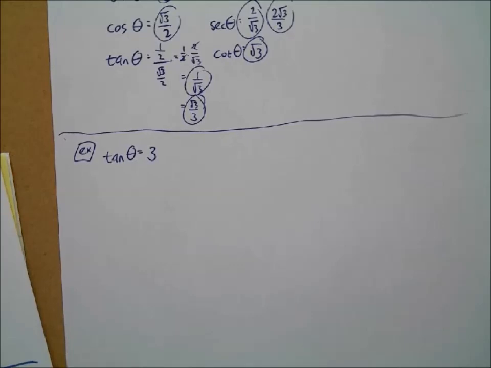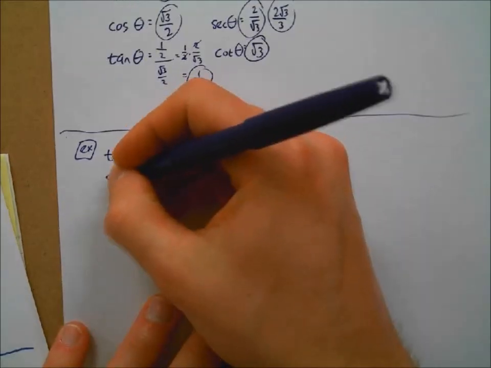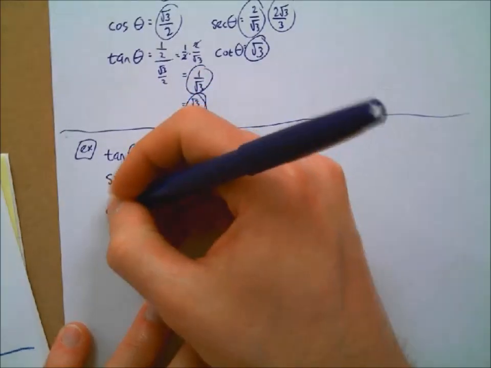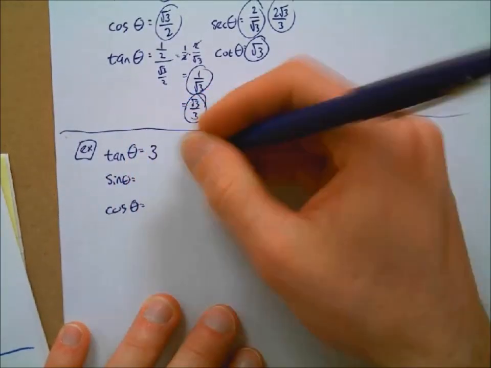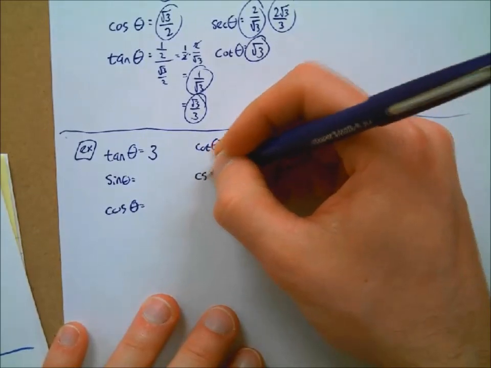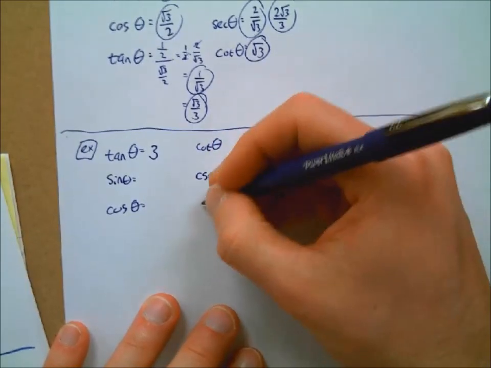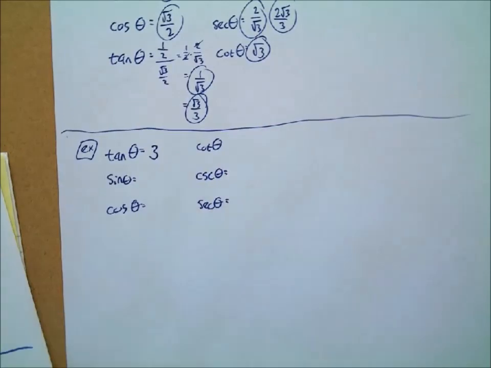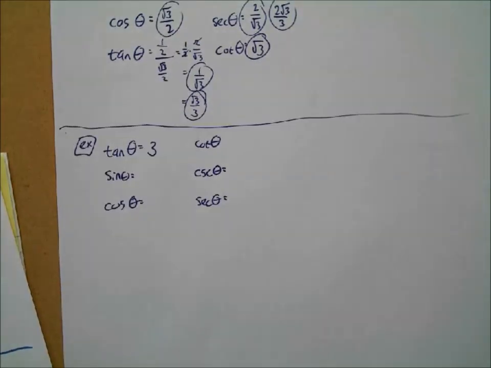It's none of the known angles. It's going to be some other angle. So we can't use our unit circle in this case to help us find sine, cosine, cotangent, cosecant or secant, because this is not a known ratio on the unit circle.